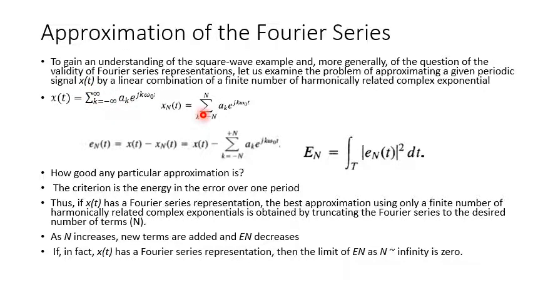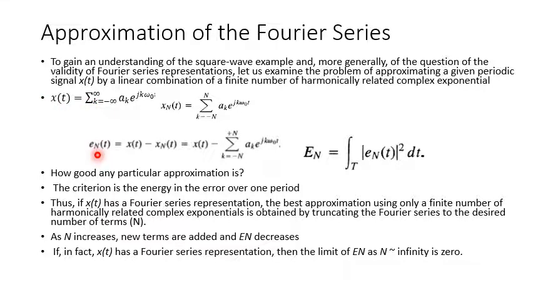So what will happen if we use just a finite number of coefficients, say from -N up to N? Of course, this truncated Fourier series is not exactly equal to the actual signal x of t.